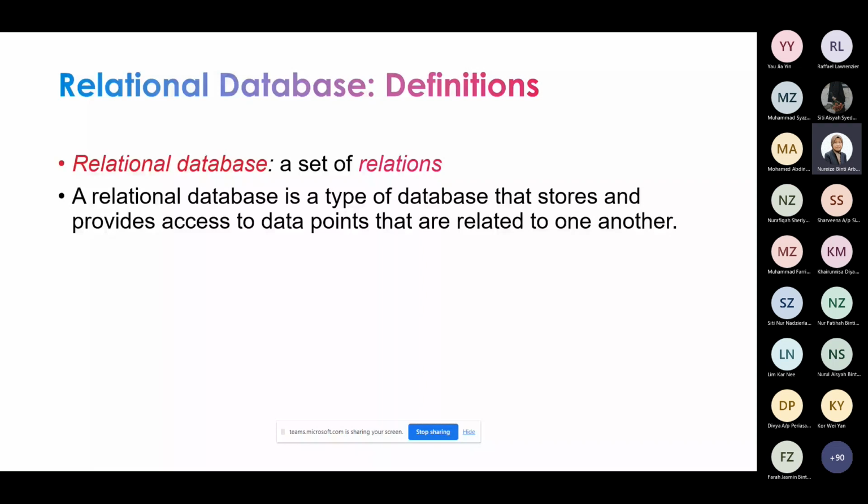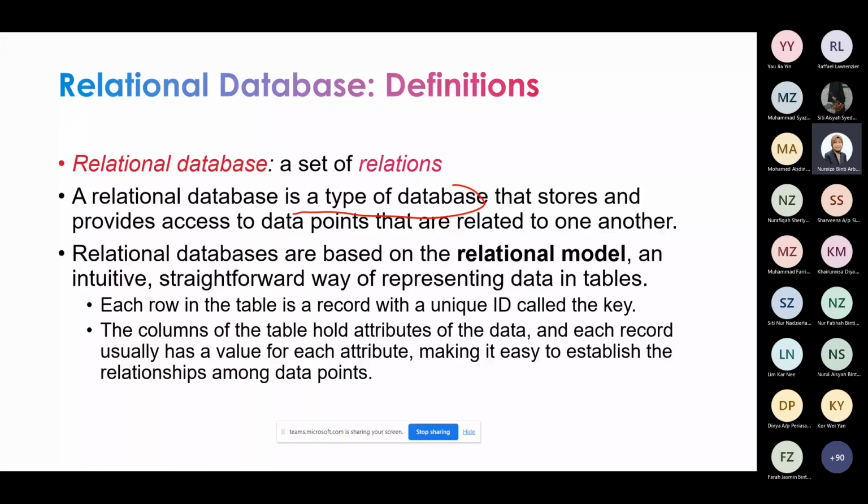So a relational database is a type of database that stores and provides access to data points that are related to one another. It's a type of database, and relational databases are based on the relational model. So remember, what is this relational database and model?